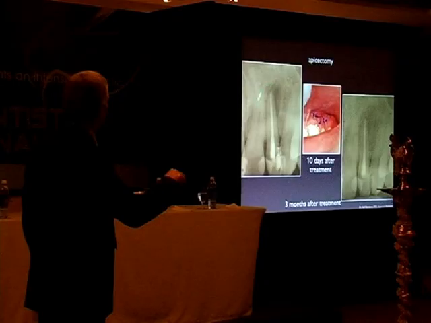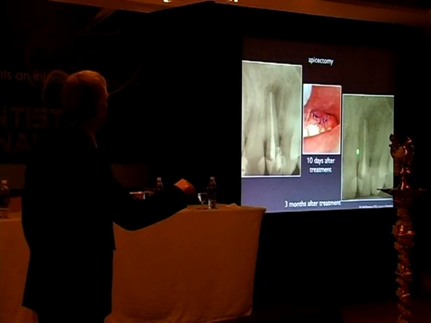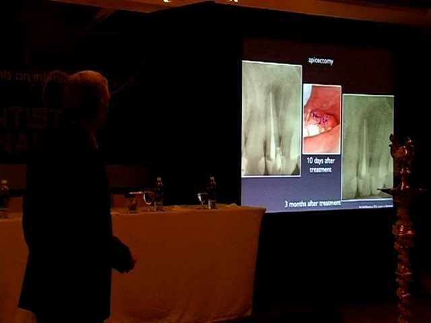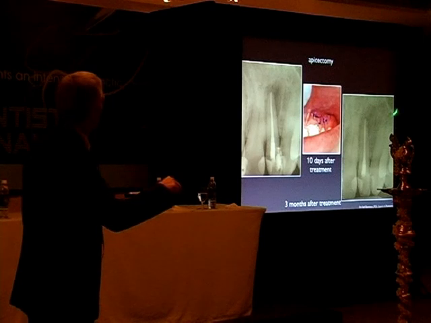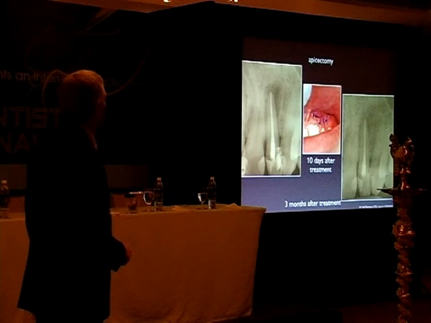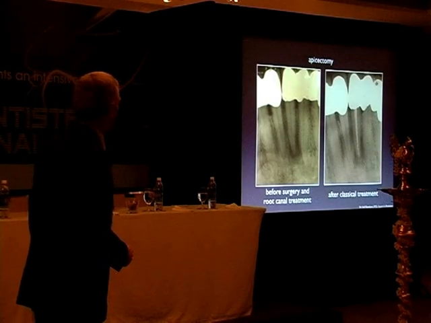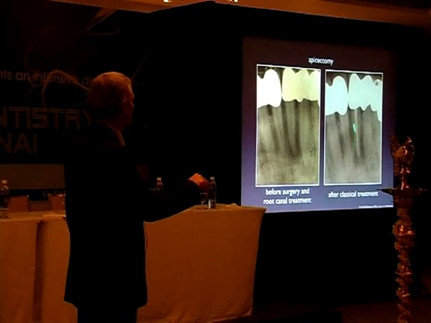This was 10 days after treatment, and this is 3 months after treatment. You can see there is not too much gone of the root, but the result is okay. Second case, this is after classical treatment.